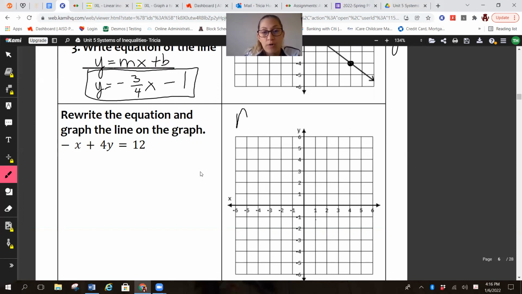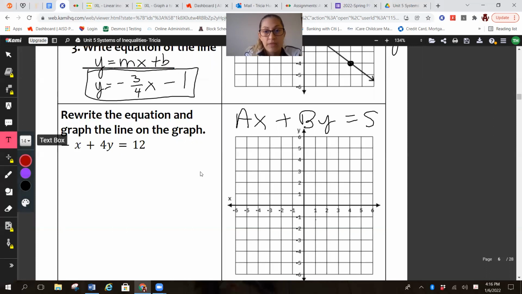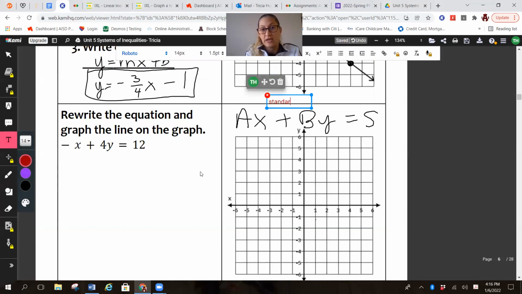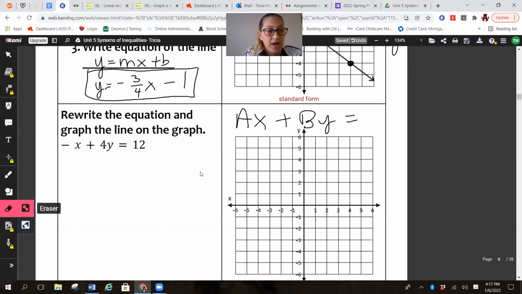Remember, standard form is Ax plus By equals C. That is standard form. Okay, Ax plus By equals C. Oops, why do I say equals 5? COVID brain, equals C. So I'm trying to stall so you can beat me.